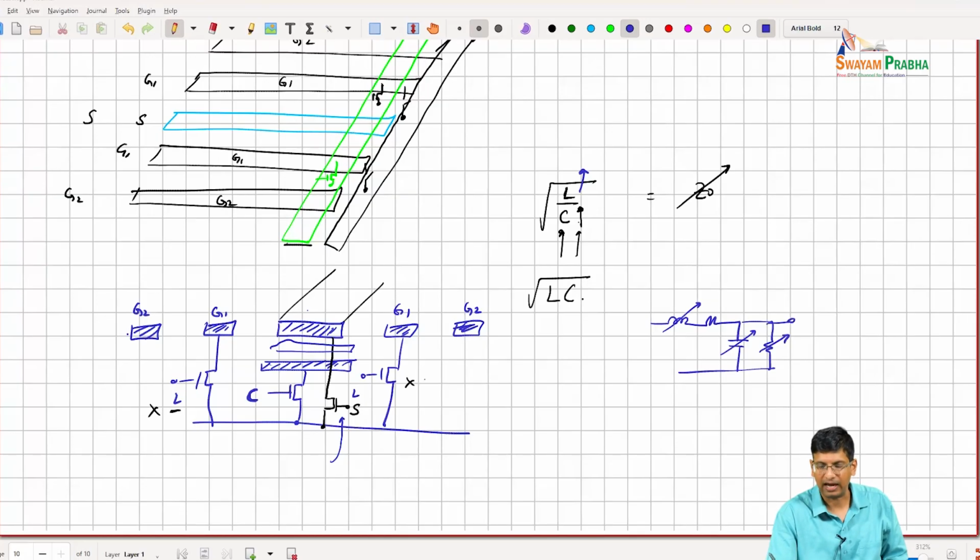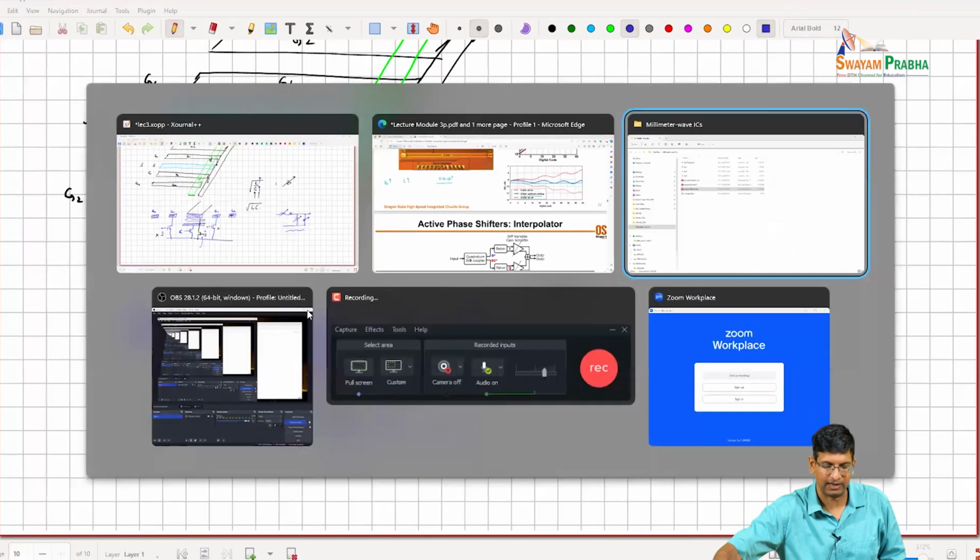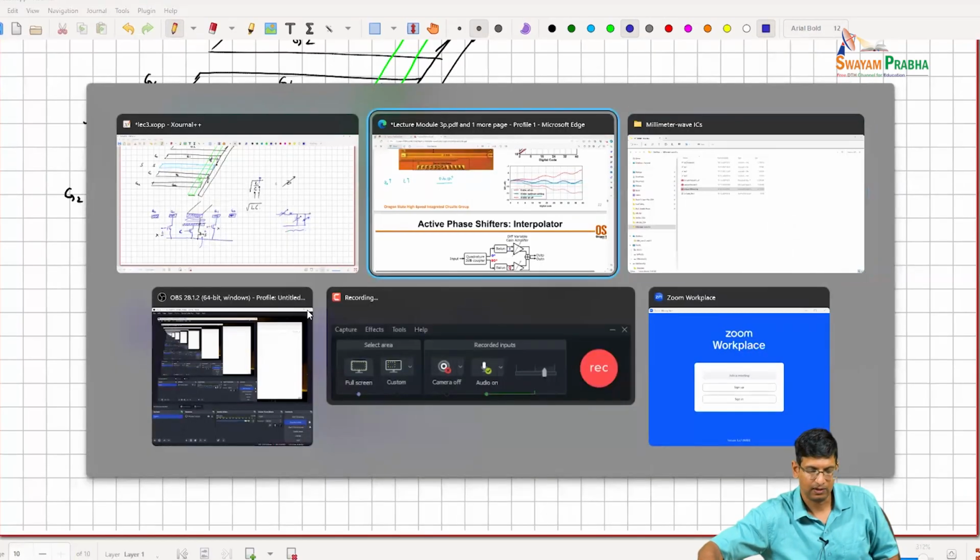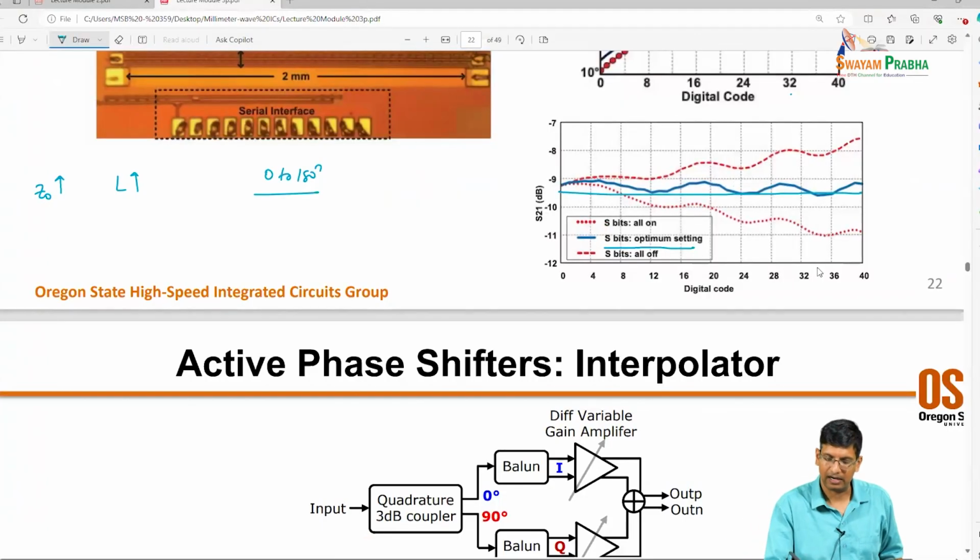So that way I'll keep my loss uniform, I'll get my phase shift and I'll get my impedance uniform, right?